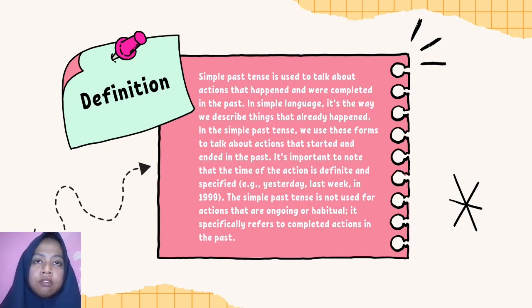It's important to note that the time of the action is defined and specific, for example, yesterday, last week, in 2005. The simple past tense is not used for actions that are ongoing or habitual. It specifically refers to complete actions in the past.